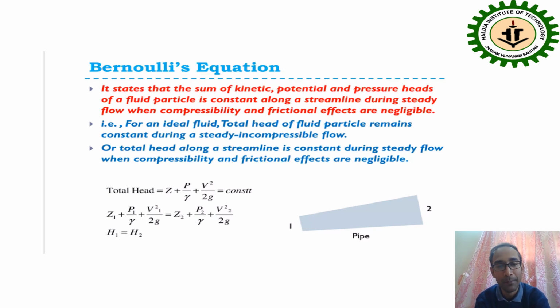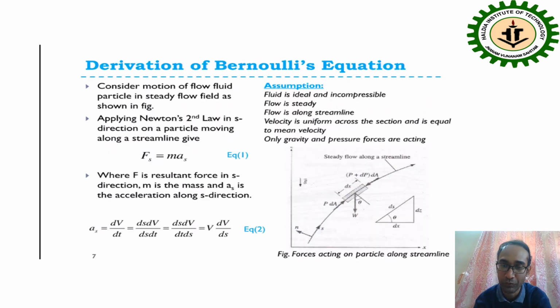So it will become P1 by gamma plus V1 square by 2g plus Z1 equals Z2 plus P2 by gamma plus V2 square by 2g, equals constant. That means the total head H1 at inlet and the total head H2 at outlet are equal as per Bernoulli's equation.